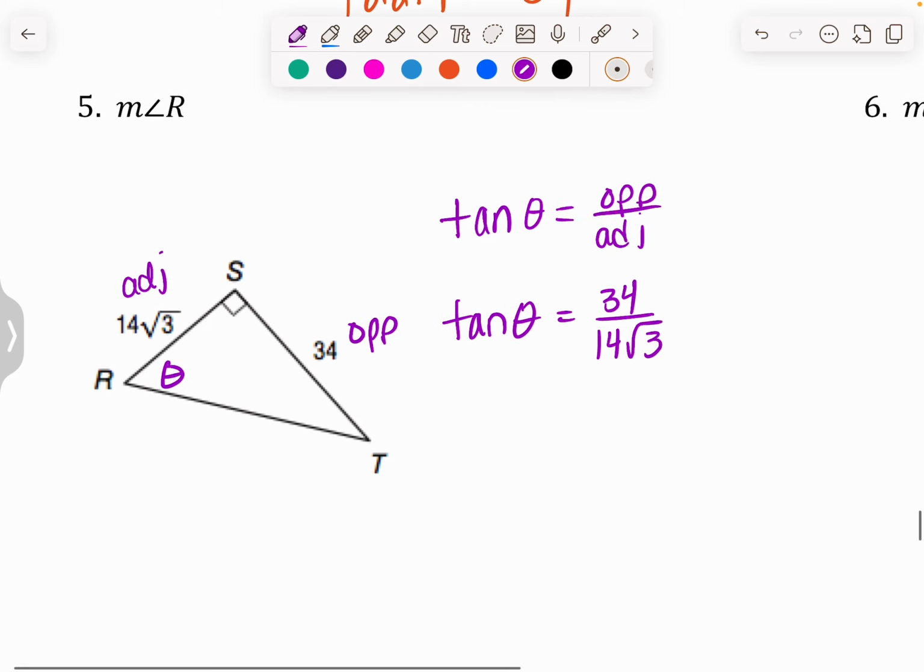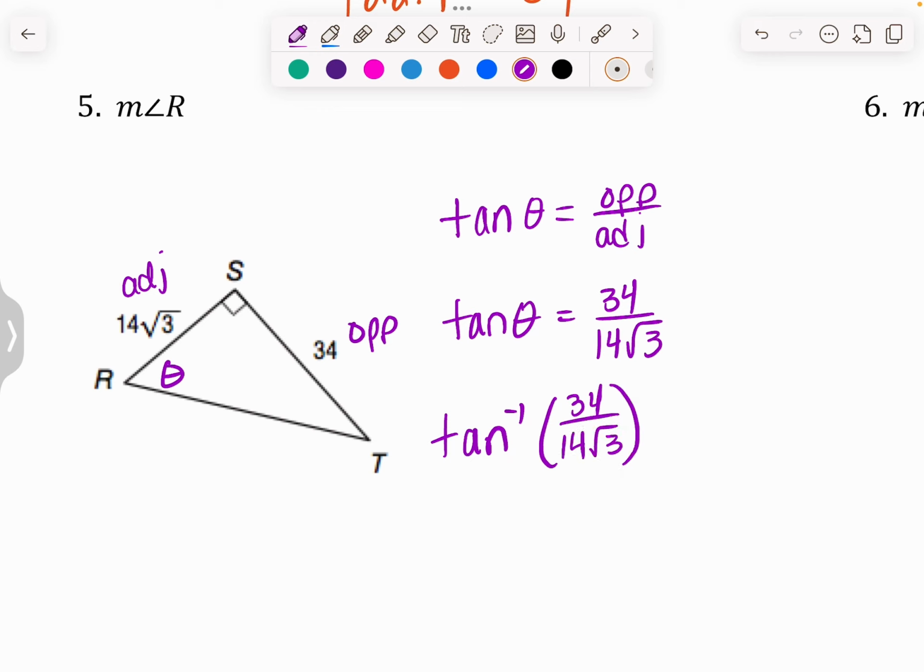If you're just looking for the angle, you don't have to take care of the square root of 3, because it's legal to type it in like that. You just have to flip it: inverse tangent of 34 over 14 square roots of 3, and that will give you your angle.